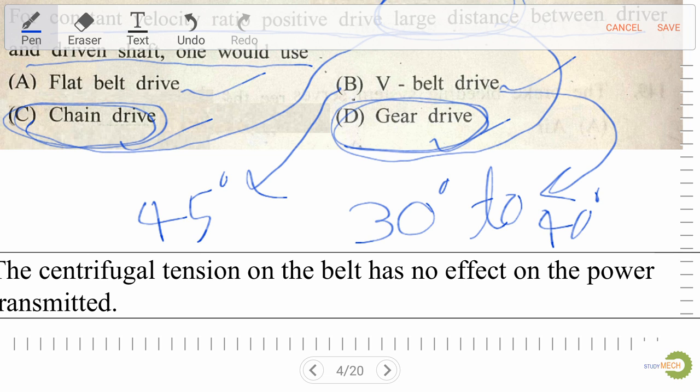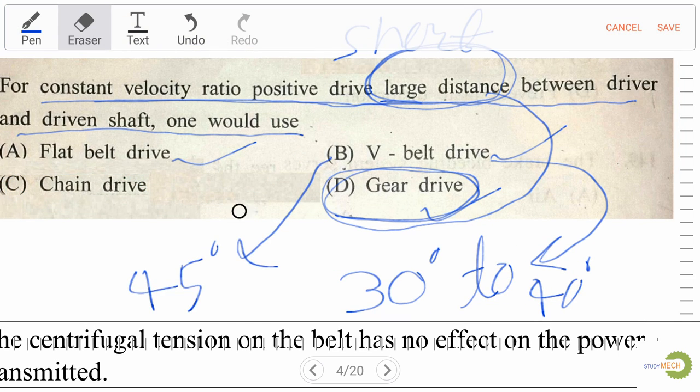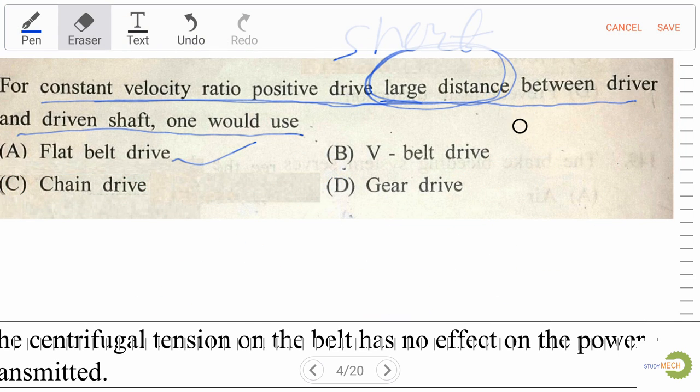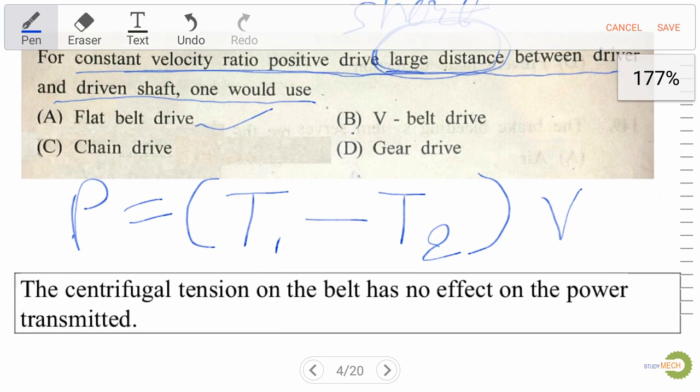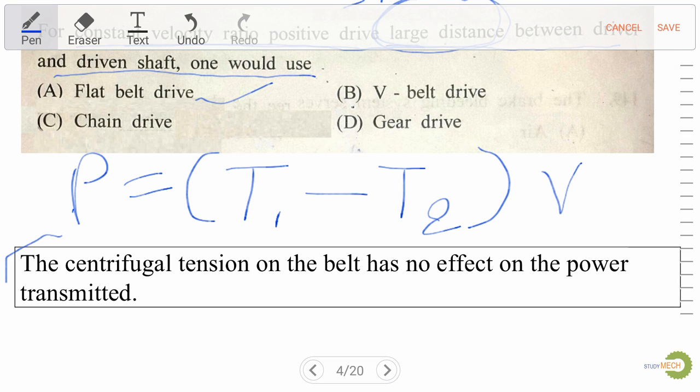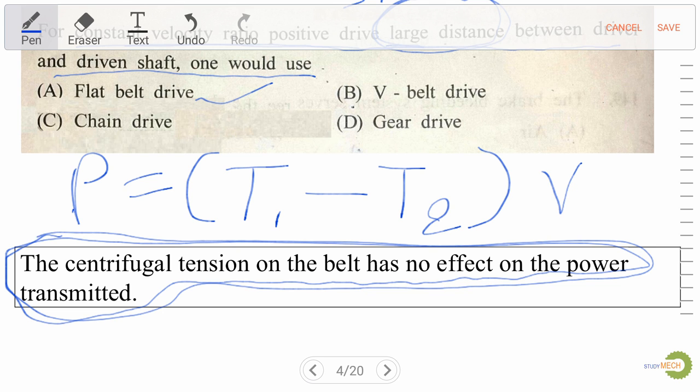Now for the power of flat and V belt drive, always remember one equation, that is P is equal to T1 minus T2 into V. V stands for velocity, T2 is the tension on the slack side and T1 is the tension on the tight side. Well, always remember this statement, that the centrifugal tension on the belt has no effect on the power transmission.